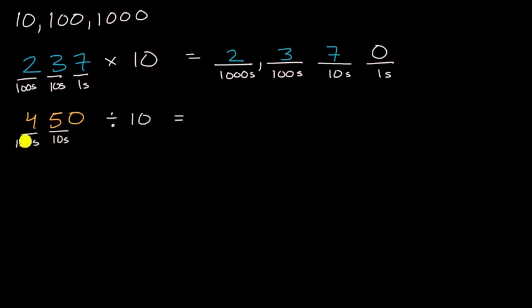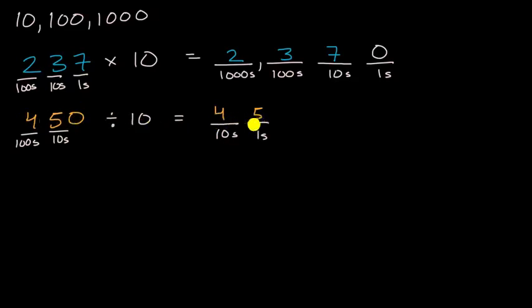What used to be in the hundreds place will now be in the tens place, so I will put that 4 right over there. And what used to be in the tens place is now going to be in the ones place, so I will put that 5 over there. And we had nothing in the ones place. If we did, and this is a little bit out of this video's purpose, you could start to think what might happen if this was not a 0. But we have 450 divided by 10 is 45, and it is indeed 45.